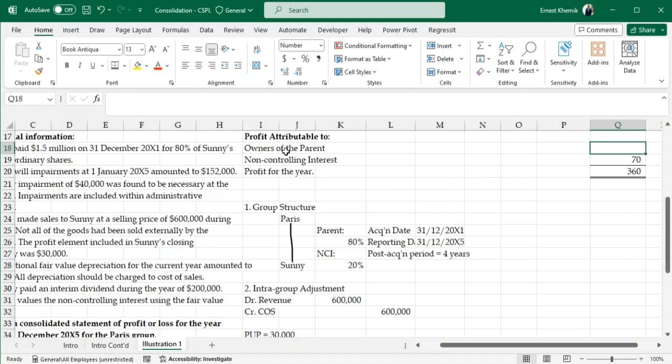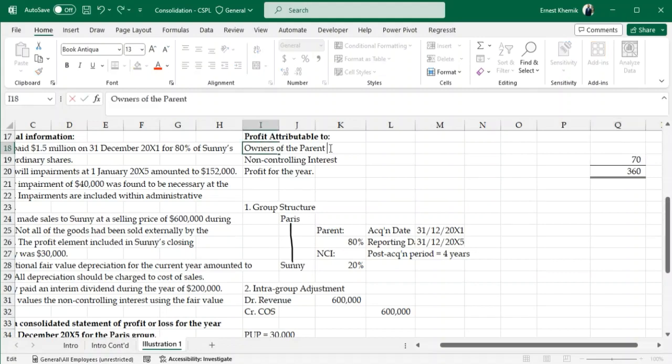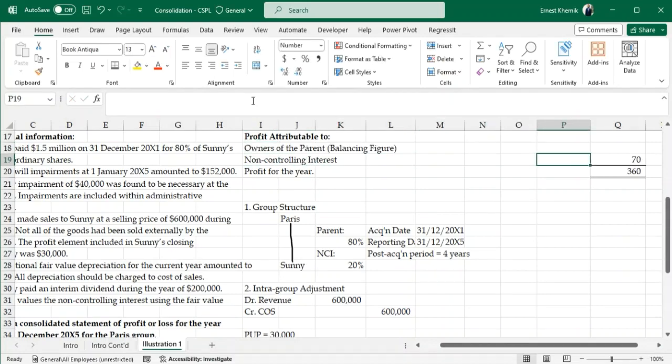So let me put here the balancing figure. So I've got there my balancing figure. All right, so that's a balancing figure.